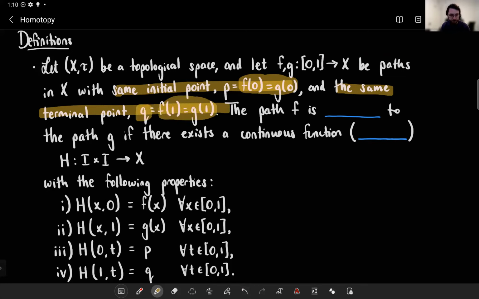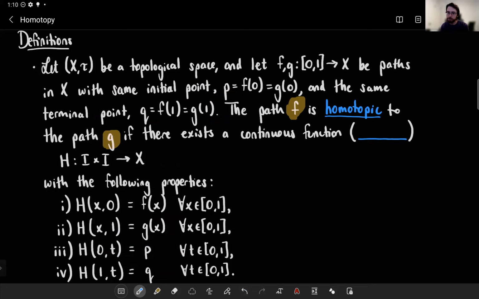Homotopic, I mean, homo comes from, what is it, Latin, I think, for same. And then topic, like topos, has to do with topology in general, sort of talking about shape. But just think, they're really the same path, right? If you can deform one into the other in this way.